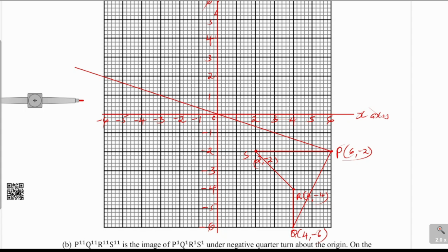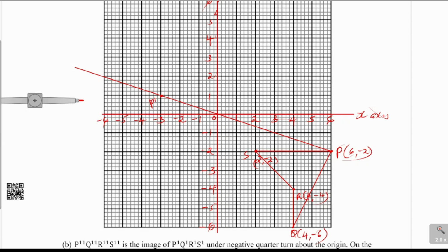What is half of the 6 squares? That is 3 squares. So from the origin, we count 3 squares along that straight line: 1, 2, 3. So you're going to have the image of P here. This point will be P1.